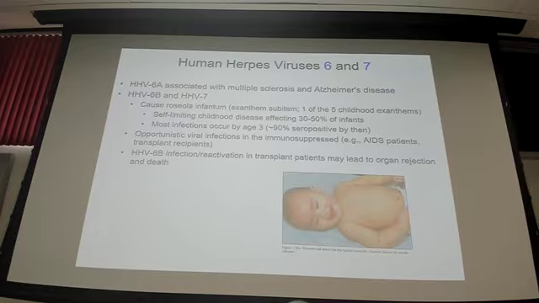So for that reason, there's not a lot of attention or focus on it. One bullet here, again, with immunosuppressed people who are transplant patients, it has been associated with organ rejection, like the organs that they receive have HHV6B in them. So screening is probably important in those instances.